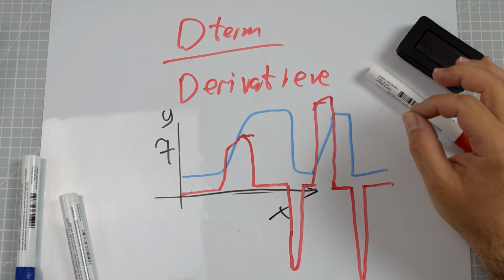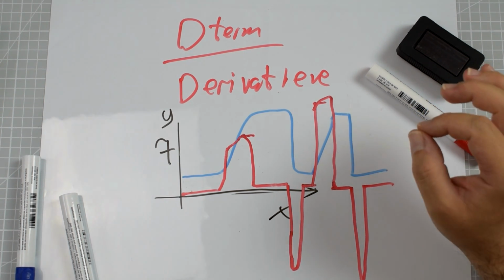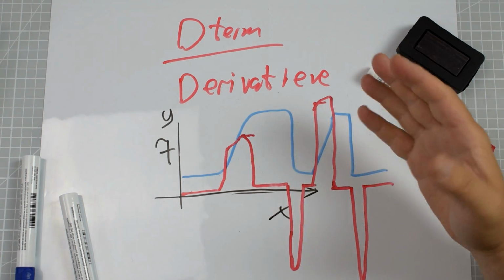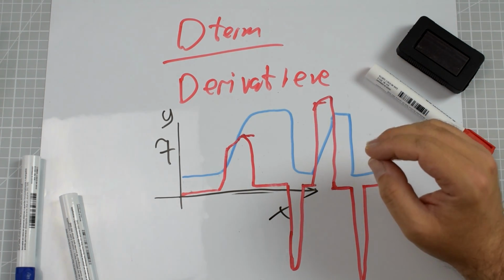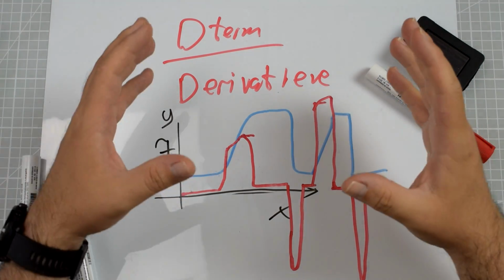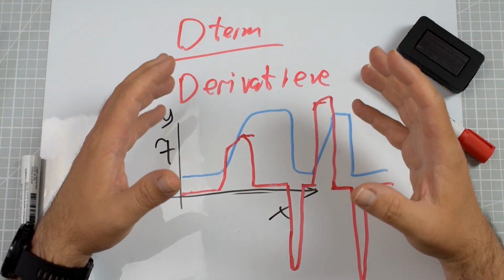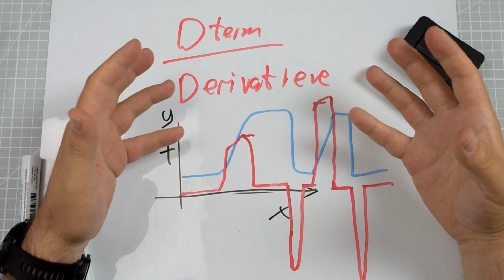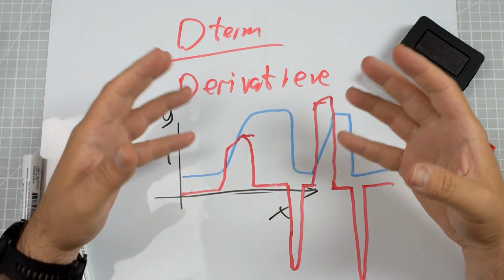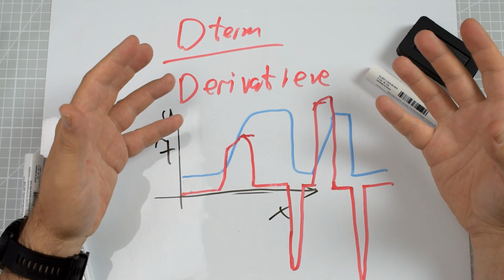The first thing that you have to understand about the D-term is that the derivative which is used to compute the D-term in the PID controller does not only consist of the frequencies that are inside of the signal of the measurement or the error or the setpoint, but D-term can produce higher frequencies.